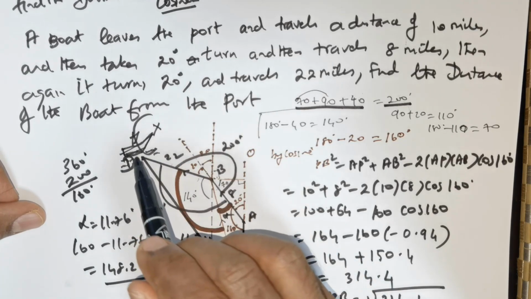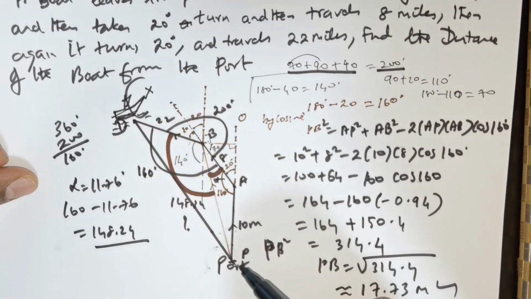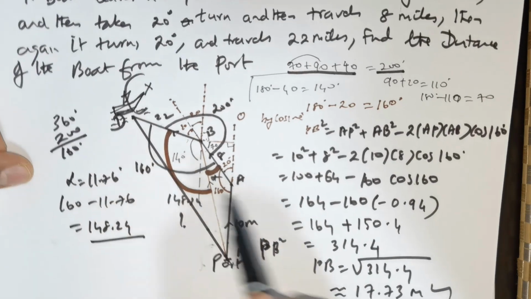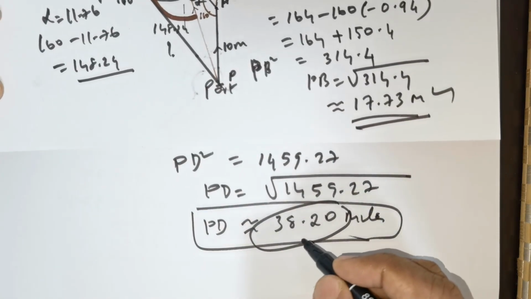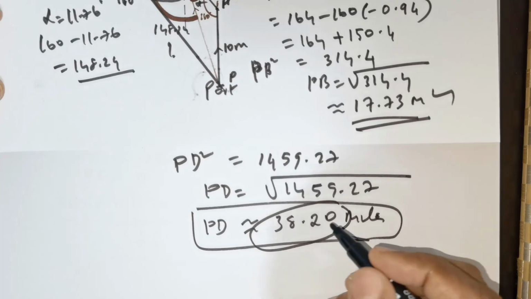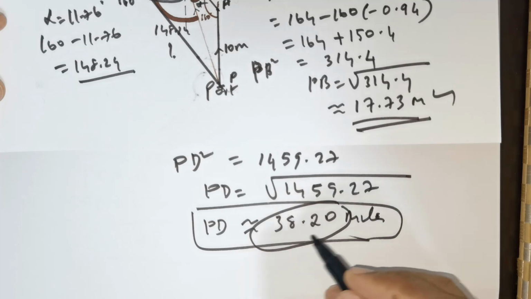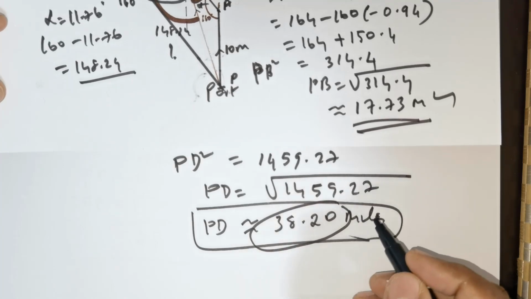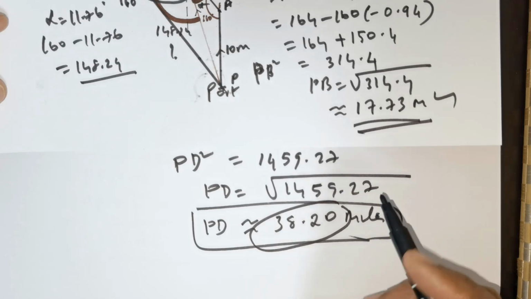Now you need to tow the boat. To bring the boat back to the port, this distance gives an idea how exactly this operation can be carried out. As I mentioned to you, 38.20 miles is minuscule, but usually this is not going to be 38.20 miles in a real-time scenario.